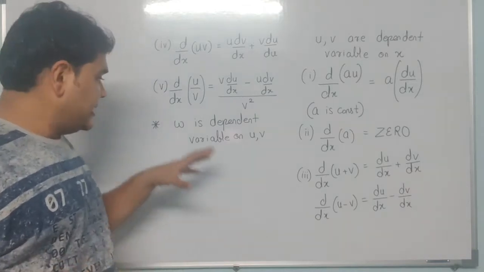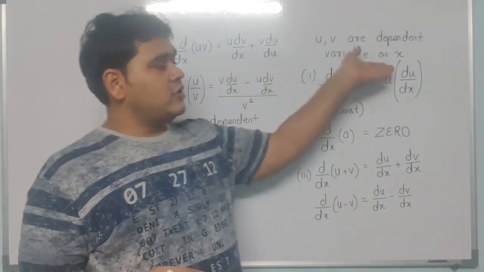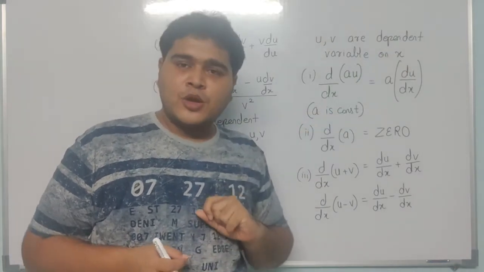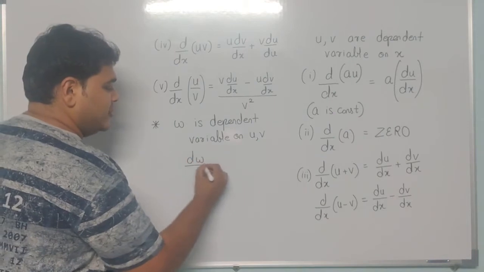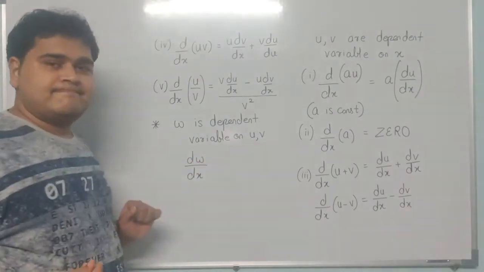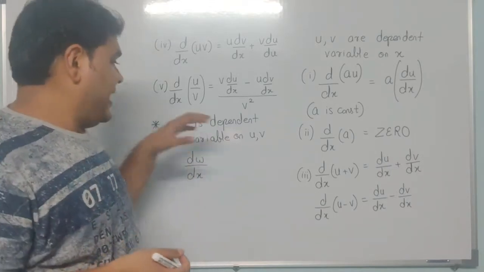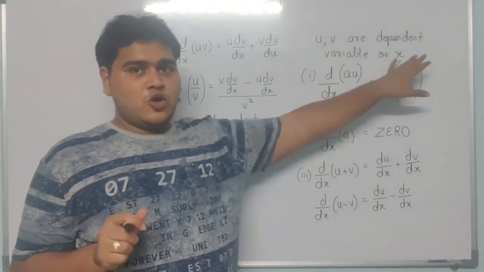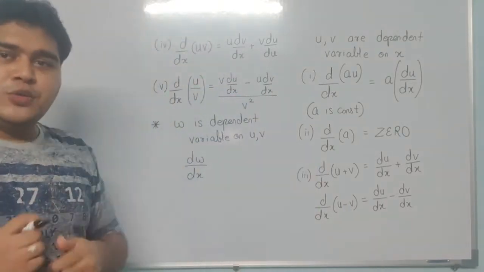So w is dependent on variables u and v, and u and v are already, we know, dependent on x. So what if I have the derivative of w with respect to x? W is dependent on x, no doubt, but not directly. We don't have a direct linkage. So what do we do over there?